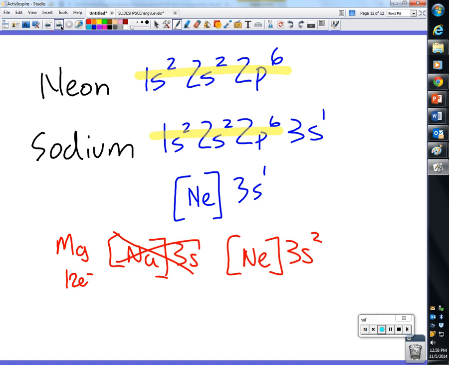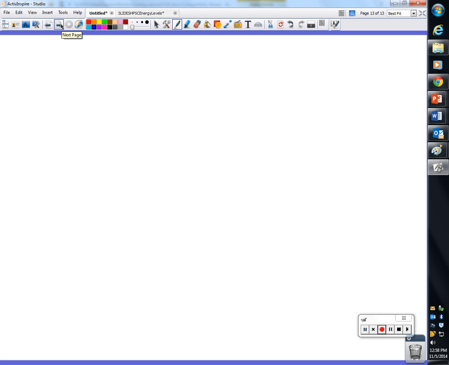The element that has 3p to the 6th, then we could do that in brackets, right? Yeah, it is. All right. The next one that shows up on your sheet, I believe, is argon.